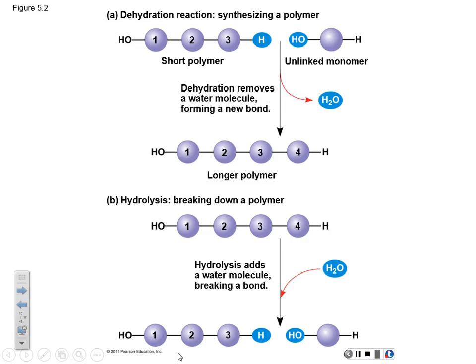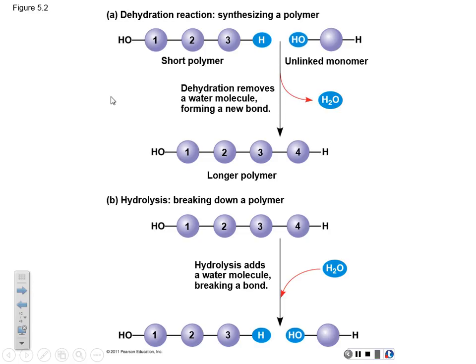Let me draw your attention to the two action things that are happening in this particular image. There's stuff that's going on here at the top, and there's stuff that's going on here at the bottom. Let's start with A, the stuff that's going on the top. A little bit more jargon for you. When you link together one monomer onto an existing chain of monomers to make a longer polymer, there's a fancy word that we use for those chemical reactions.